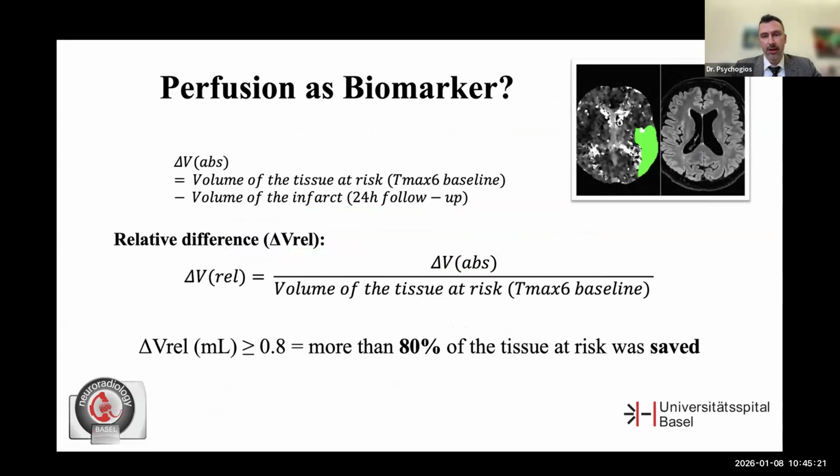We know this from the stent and from the carotid stenosis trials that you can actually take images and use them as an endpoint, right? So what we designed was this delta for distal occlusions. You take the initial Tmax 6, you take the final infarct core on a FLAIR image, and then you measure and you have the difference, and then you analyze this in your population, right?